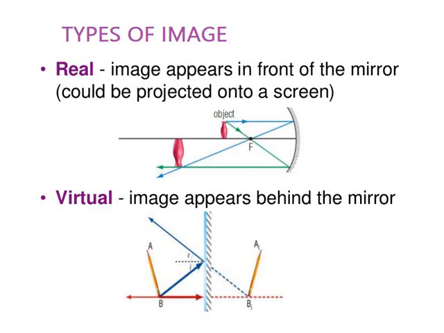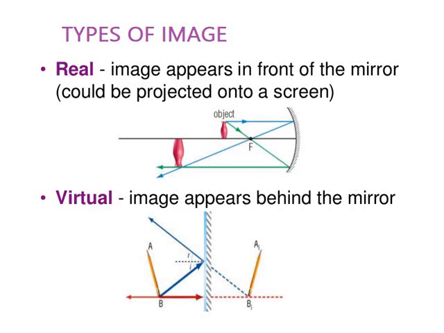The mouth of the vase is facing downwards, right? So the image is formed below the principal axis and it is inverted. This type of image is called a real image. We will explain it more in the next slides.